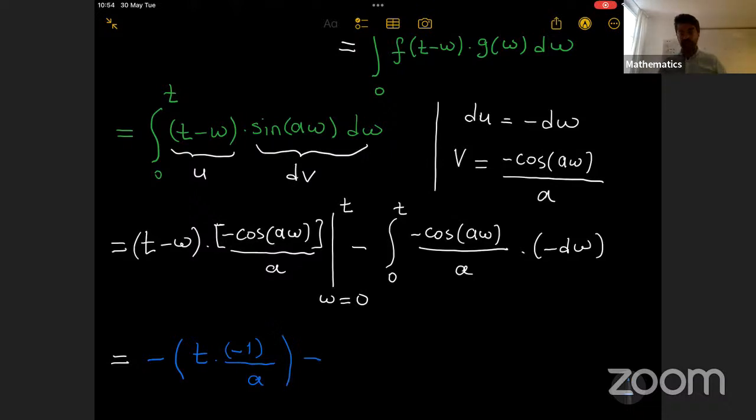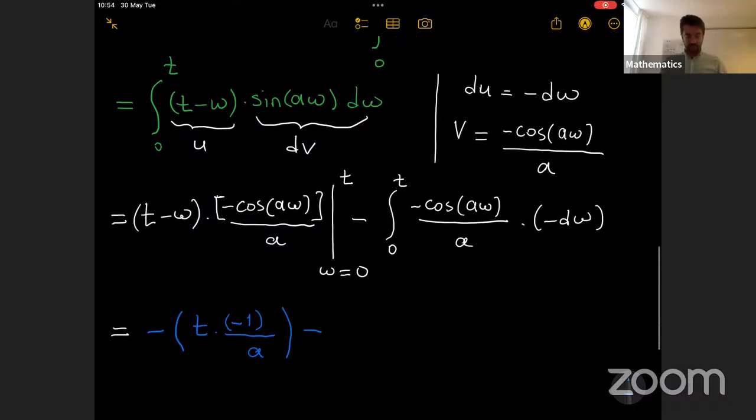Now we move to the integral here. Plus, minus, minus, plus, but there is another minus here. So we get minus 1 over a cosine aw. The integral of cosine aw is sine aw over a.